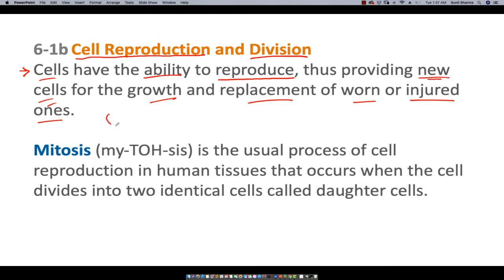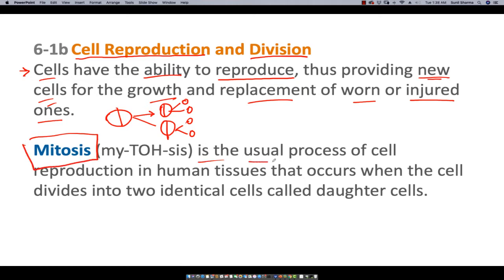So generally what will happen is you have one cell and it will then become what we call two daughter cells. Why daughter cells? Because then it will divide into two more cells, and that's our cell reproduction. That process is called mitosis.